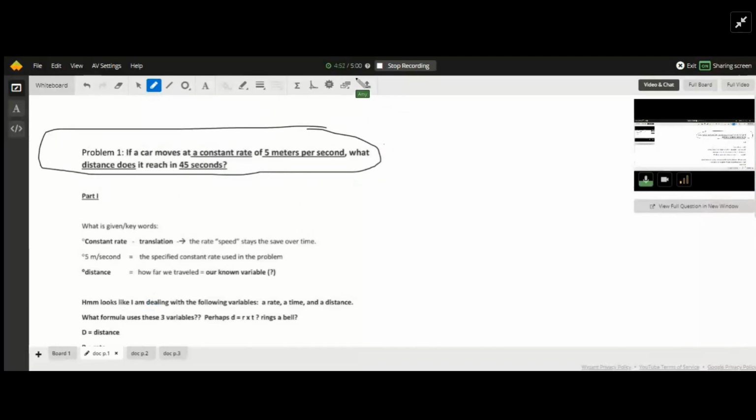So in this problem, I highlighted constant rate, and I highlighted 5 meters per second, and I underlined the word distance and 45 seconds.